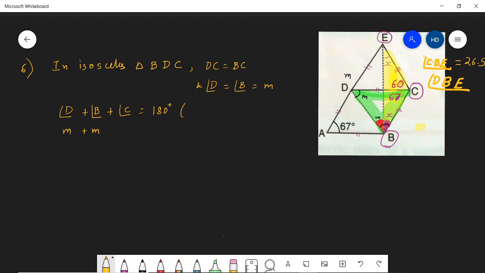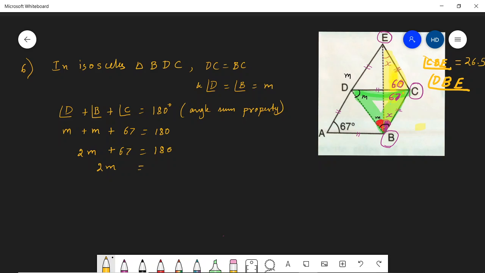Why is this 180 degrees? Again, you have to write the angle sum property. Angle C we have found out is 67 degrees. Now 2M plus 67 is equal to 180.